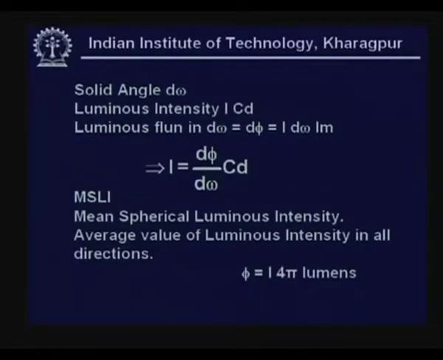It means the overall solid angle subtended by the light output is 4 pi, and therefore, the term mean spherical luminous intensity is talked of. Mean spherical luminous intensity means luminous intensity when considered in all directions. For a point source, you will find that it is the same, equally distributed in all directions. When we go on to the control gear, you can observe, depending on the application, one could orient the amount of light flux radiated in different regions to be varied, and that is where it becomes somewhat important.